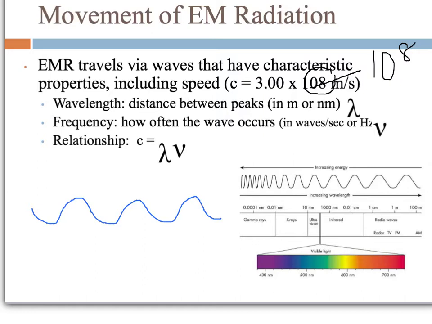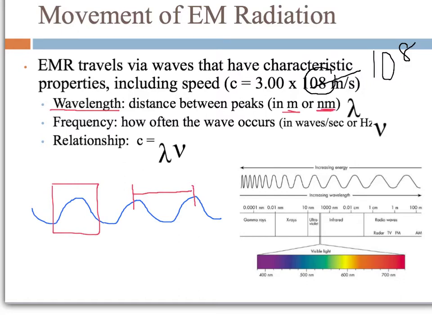What is different from light source to light source are the characteristics of the waves themselves. So the first feature is called wavelength, and it's exactly what it sounds like. It's how long a wave is from peak to peak, this distance. We usually measure it in meters, or even more specifically in nanometers.